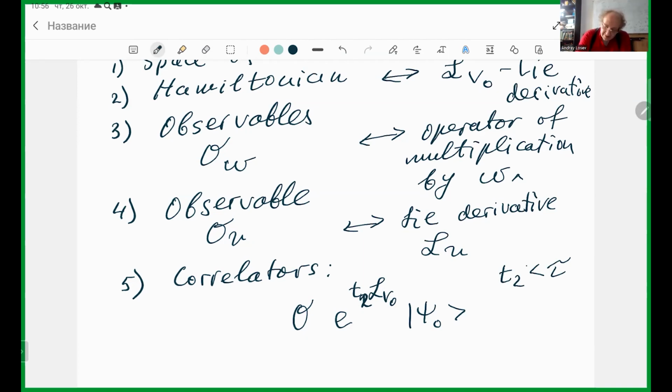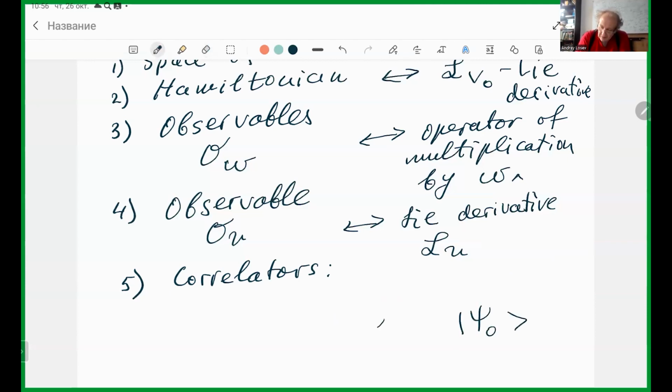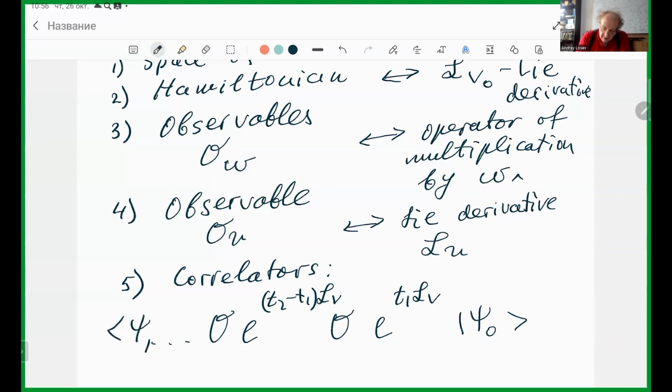Let me draw you the universal formula, all the way up to CT. So these are correlators.